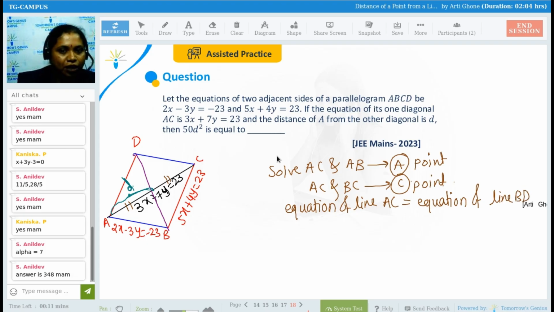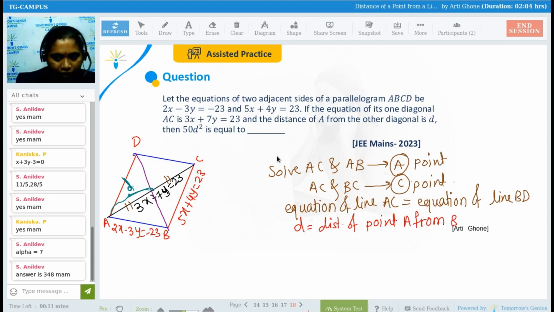And then finally find out distance d, which is the distance of point A from BD. Clear? This is nothing but a small d and then 50d square. Clear? Okay, these 4 steps are necessary for this question. So this you can try out, and self practice questions are included in that.